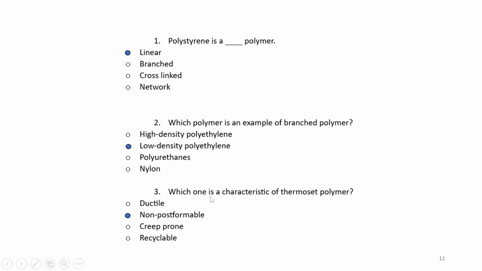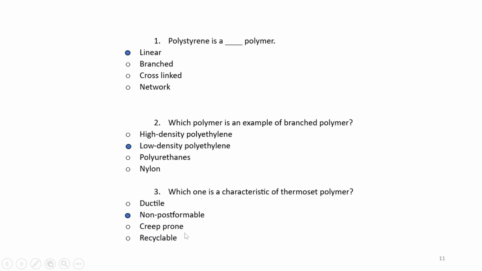Which one is a characteristic of thermoset polymers? Your options are ductile. Thermosets are not ductile, they are highly brittle. Are they creep prone? No, compared to thermoplastics, thermosets are not creep prone. They can sustain high surface temperatures. Are they recyclable?